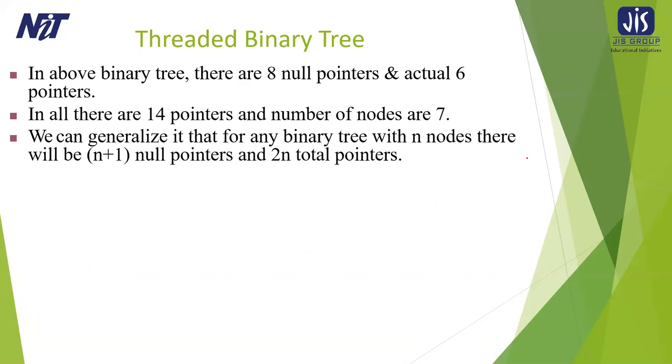So now we can generalize this. That is, if my node number is n, there should be n plus 1 null pointers, and 2n total pointers.